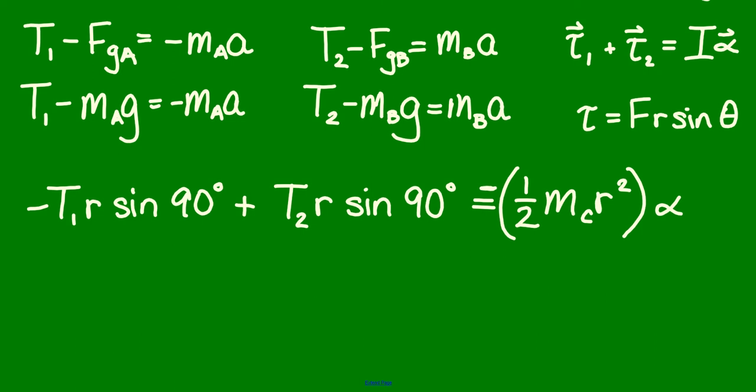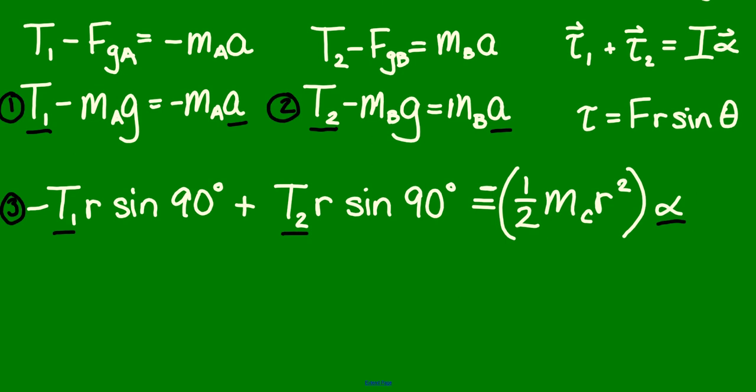So now I'm down to having 3 different equations. Here's equation 1, equation 2, and equation 3 over here. My unknowns are T1, T2, A, and alpha. I'm given numbers for everything else.